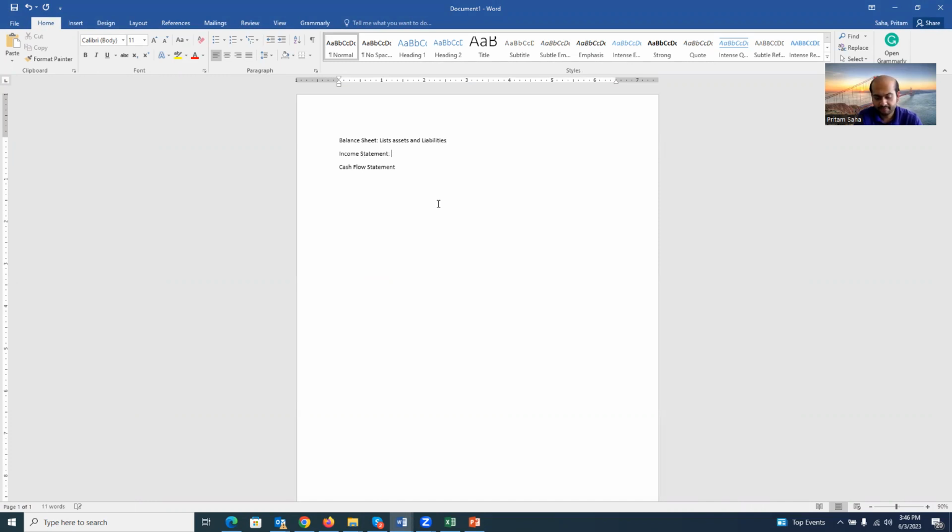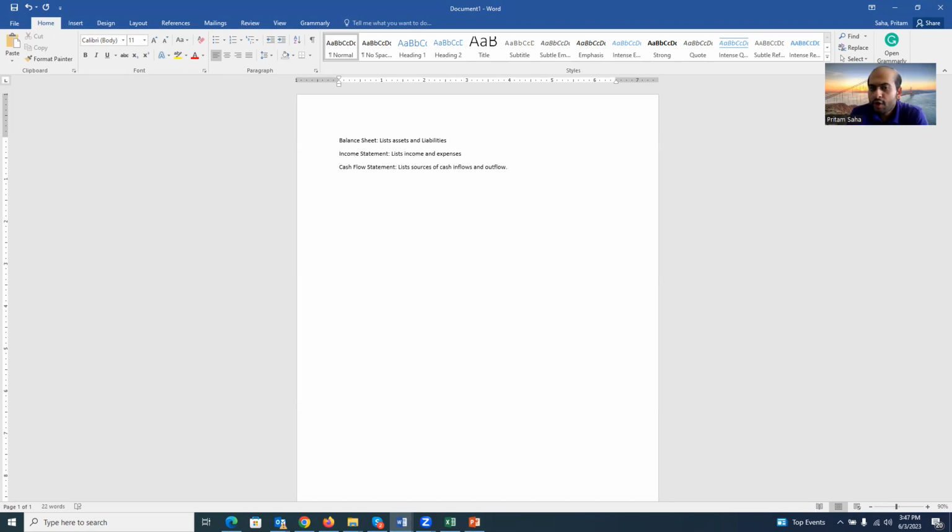Income statement: income and expenses. Cash flow statement: sources of cash inflows and outflows.